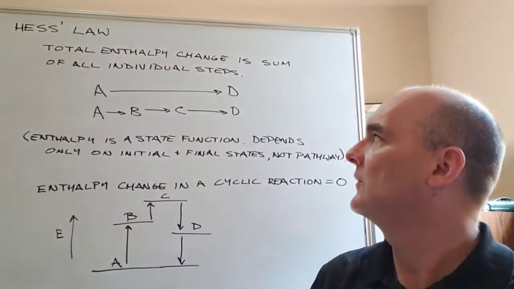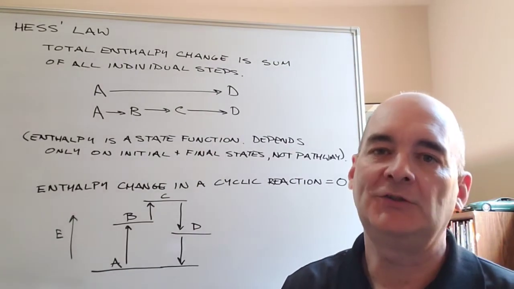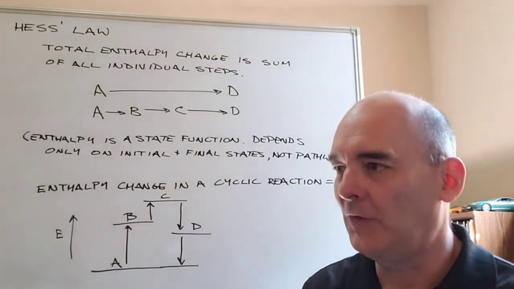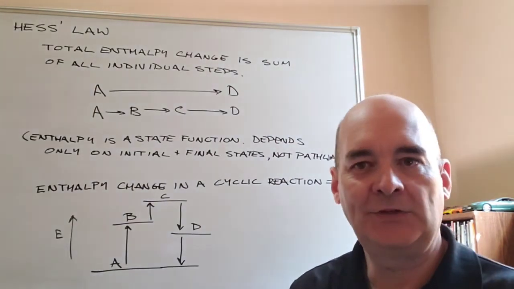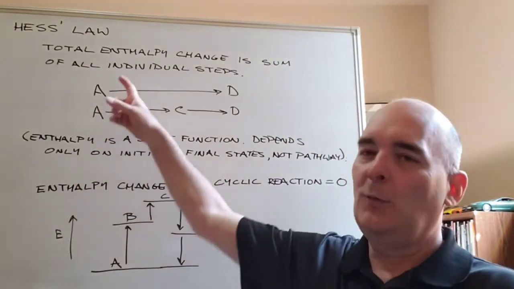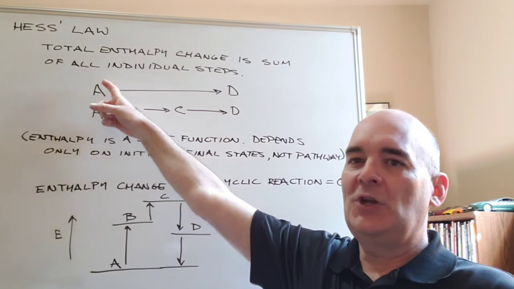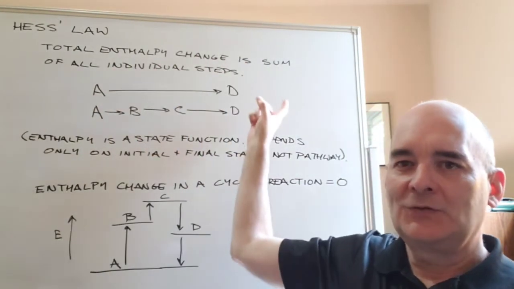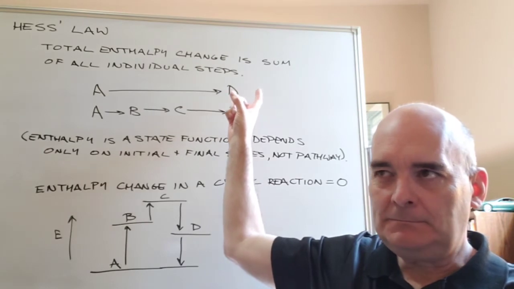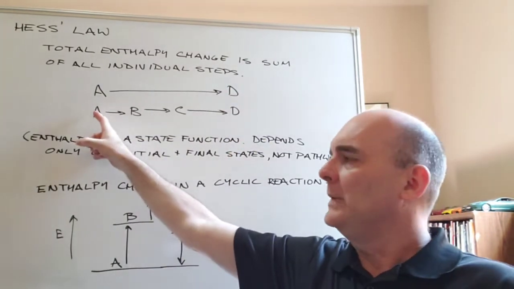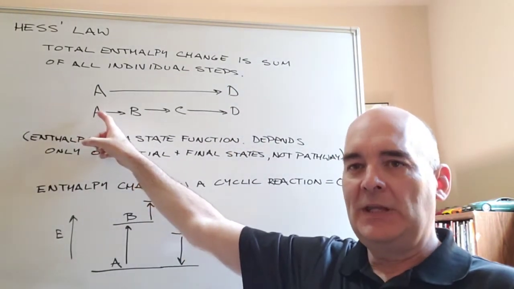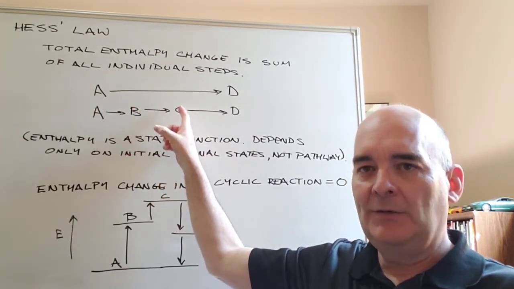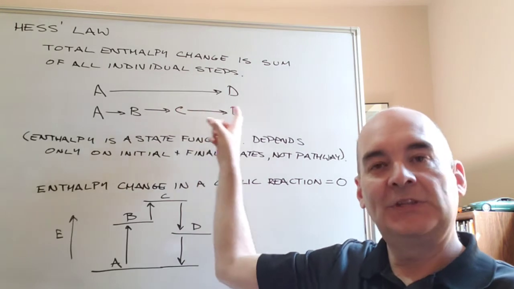Hess's law says that the total enthalpy change in any process is the sum of any smaller individual steps. So if I wanted to look at the enthalpy change for a reaction that took me from A to D, that would be the same as the individual enthalpy changes from A to B, from B to C, and then from C to D.